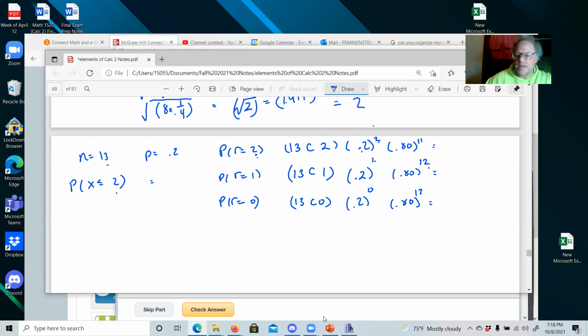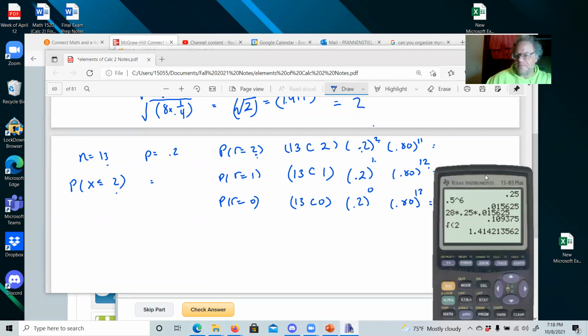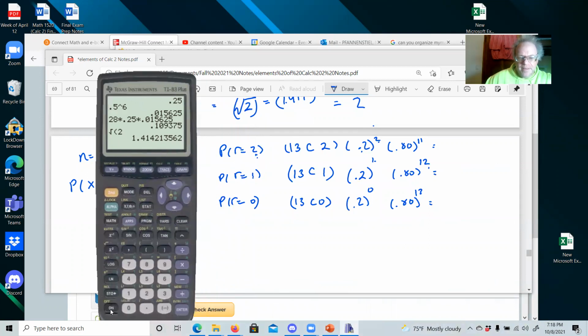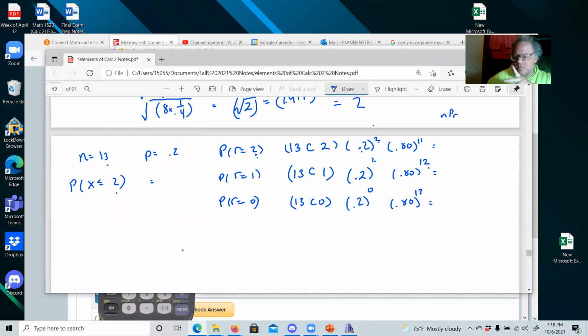Okay. So let's run through our calculator here. So we're going to have 13, math. We're going to scroll over to where it says PRB and then down to where it says nCr. Okay. nPr, okay, not the radio station. That's a permutation. That's when order does matter.